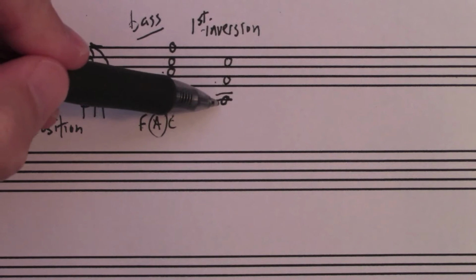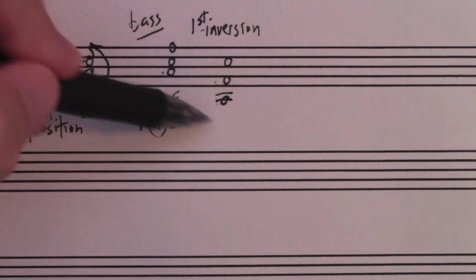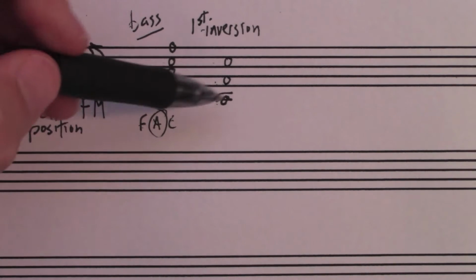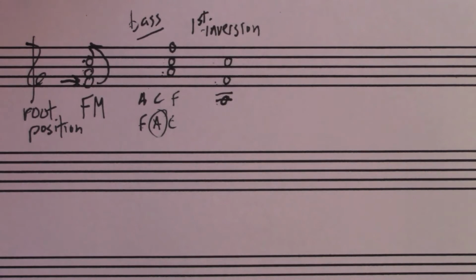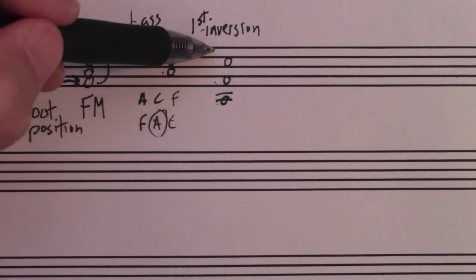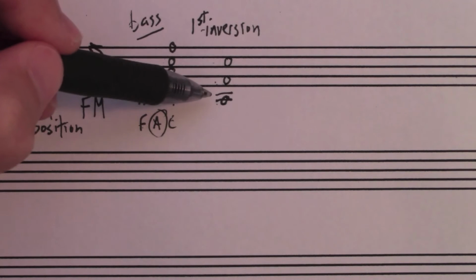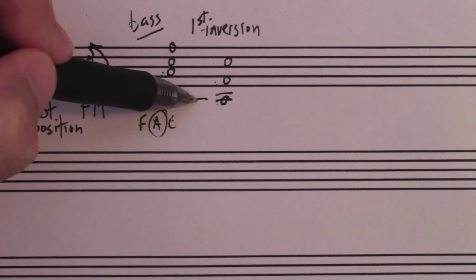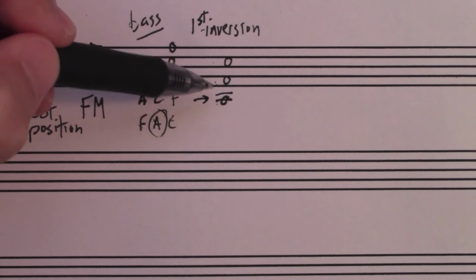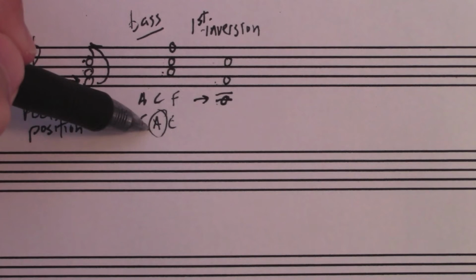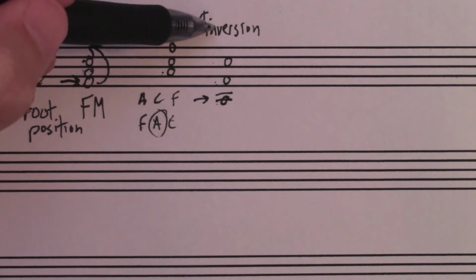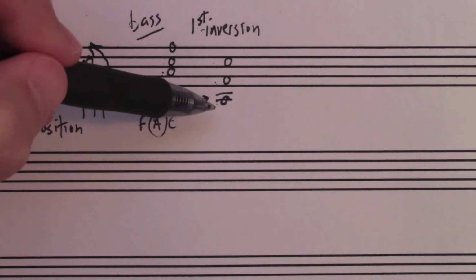We have A, F, and C. We put those in order of thirds. We have FAC. So it is still an F major triad, but the lowest note, which is the bass note, is the third of the triad, and so this is still a first inversion chord.